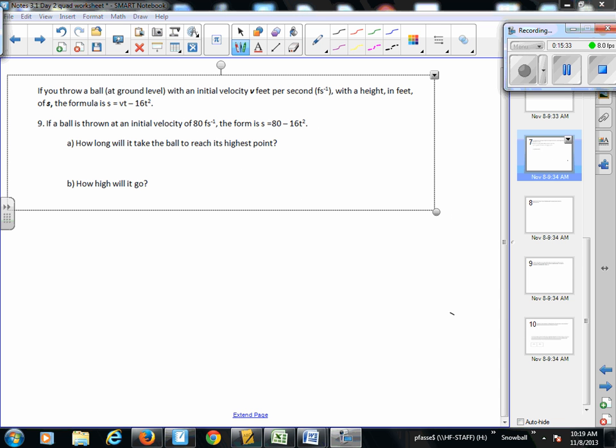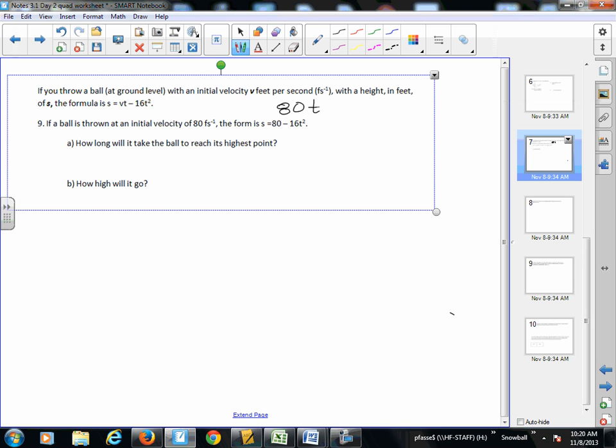Number 9 is your form here. Note this should have been 80t minus 16t squared. You want to first find out if a ball is thrown with initial velocity, how long will it take to get its highest point? We do vertex form, negative b over 2a. What is b in this case? 80.